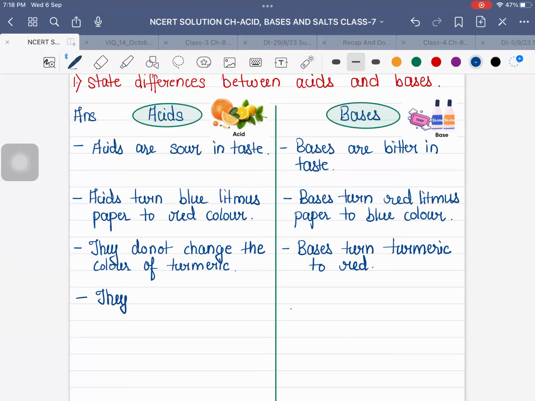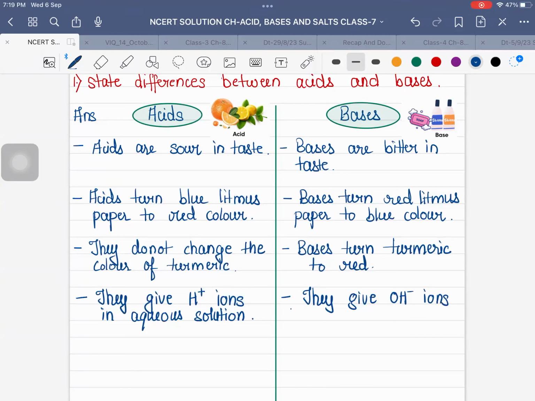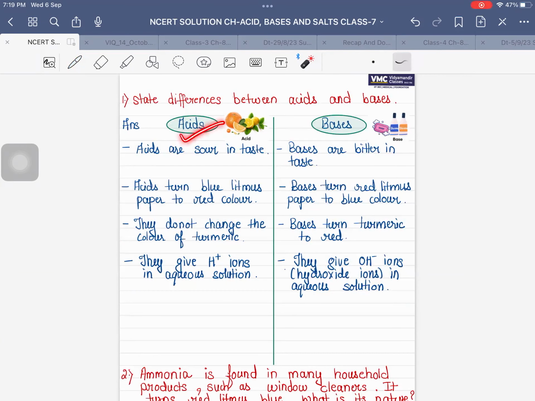Acids give H plus ions, that is hydrogen ions, in aqueous solution, whereas bases give hydroxide ions, OH minus ions, in aqueous solution. So these are a few differences between acids and bases.